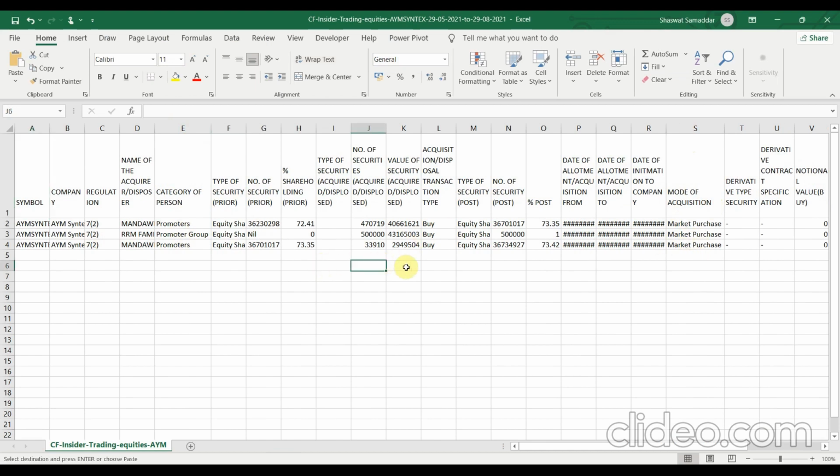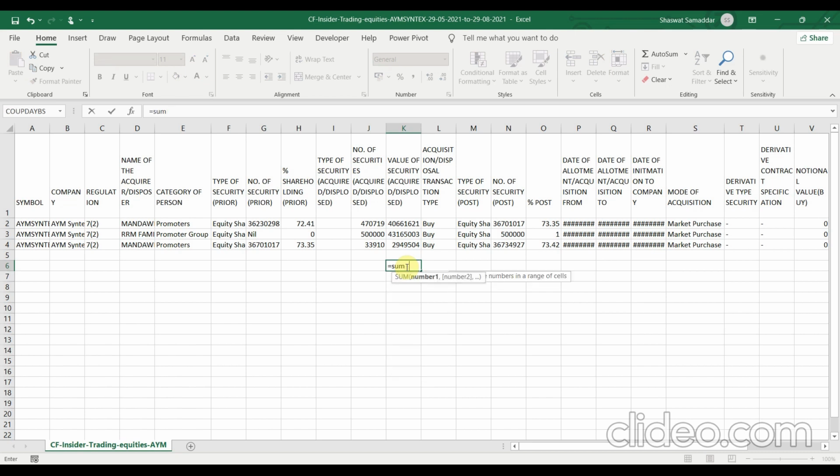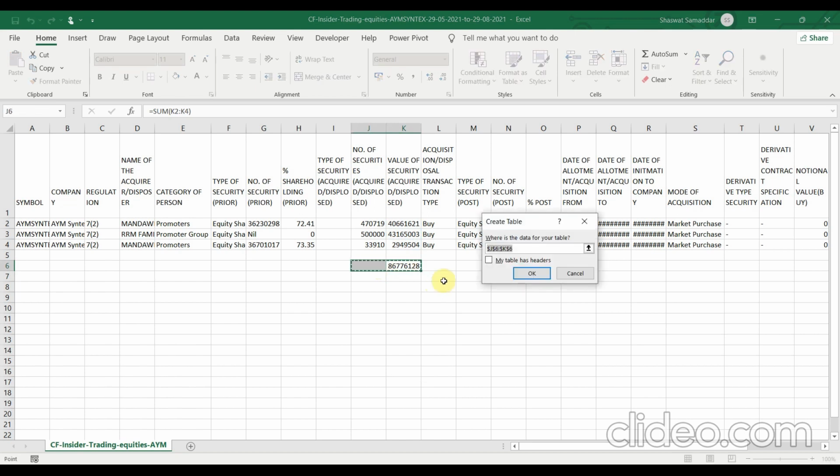All right. Now for the average price, we have to first total the value of security, and we will divide this total value of security by the total number of security.